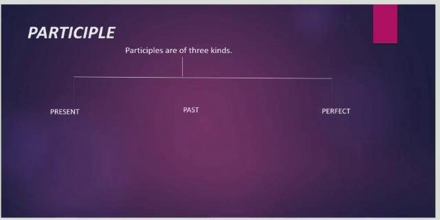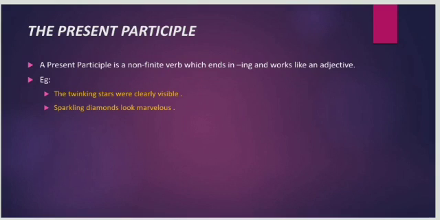Next is participle. Participles are again of three types: present, past and perfect. Okay, we'll do each of them in detail.